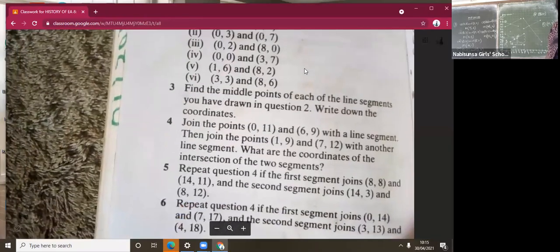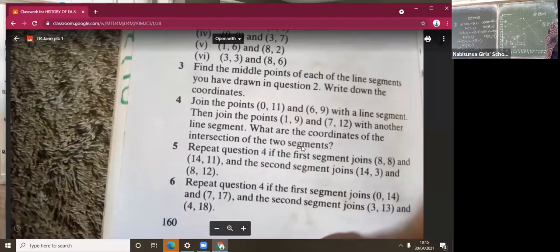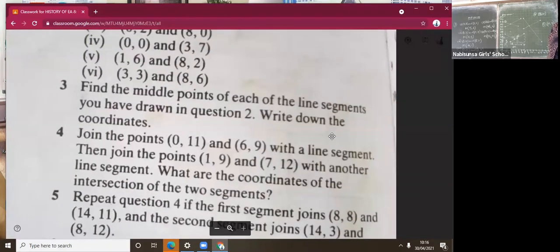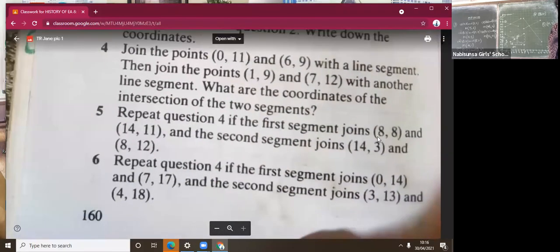I don't have 18, and I need it for that question. But with your graph paper, you can have from 0 up to 18 on the y-axis and from 0 up to 14 on the x-axis. Then plot the line segments in number 6 and find the point of intersection.